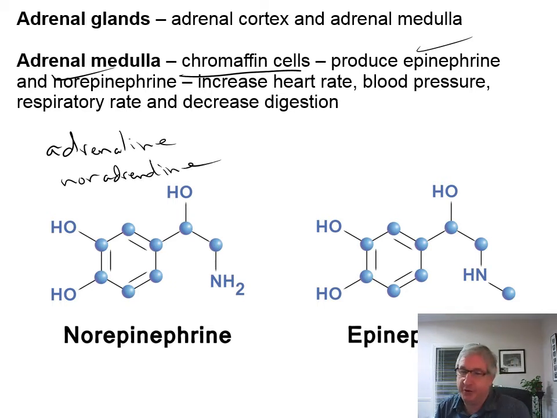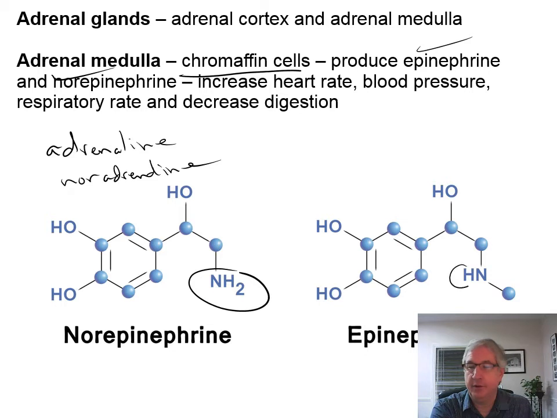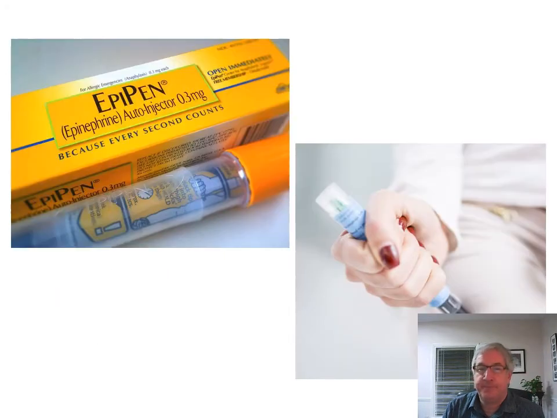And there are the structures of both epinephrine and norepinephrine. The only difference is that everything's the same except for an amino group here, which ends up with an H and a carbon over here, or a CH3 on there. Anyway, next slide.